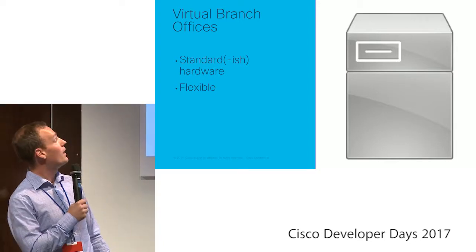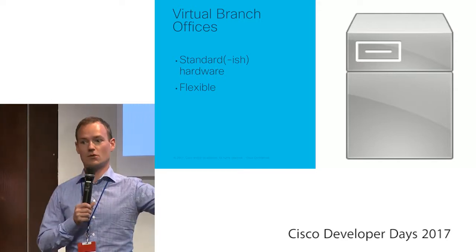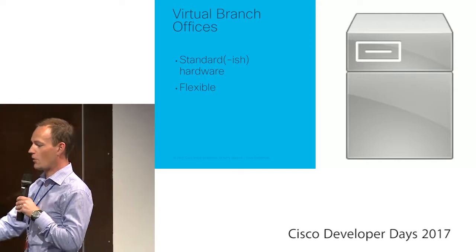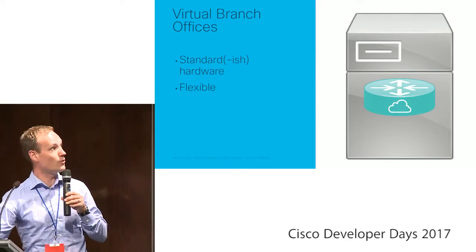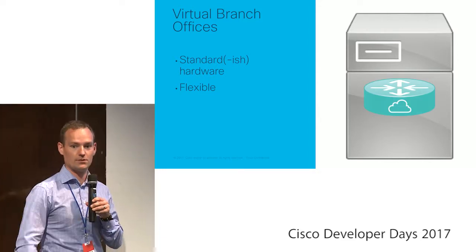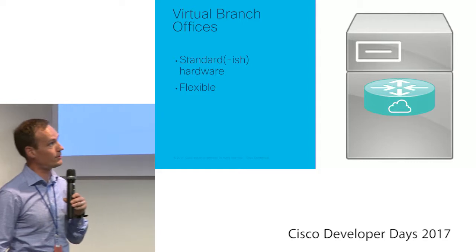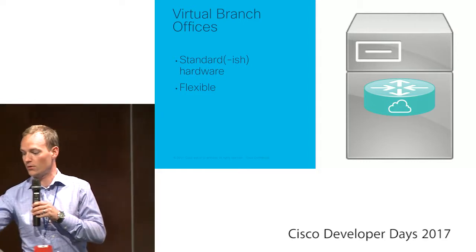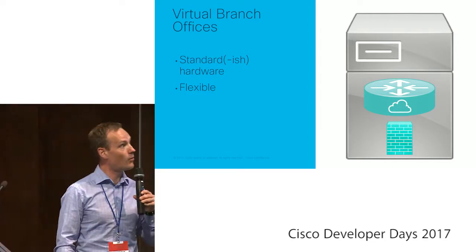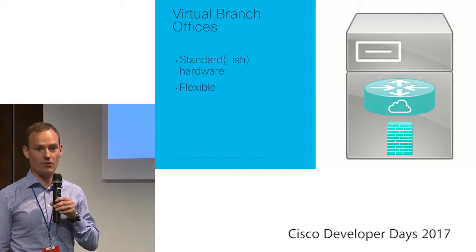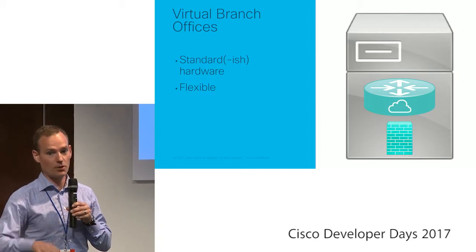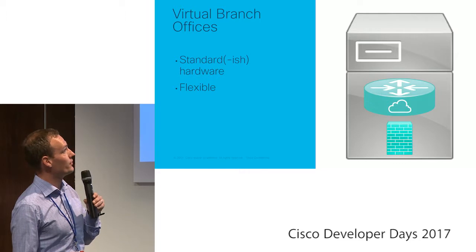And the idea is you send these out to your customers instead of a hardware router, and you actually run your router on this. So it's used as a small data center. So you're going to run your ISR router in there, maybe a firewall as well, on the customer premises. So this is what we're going to use as a demo today.